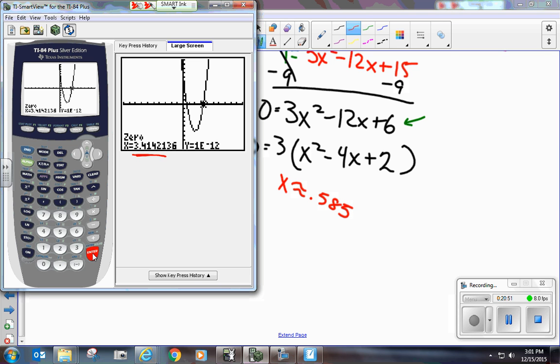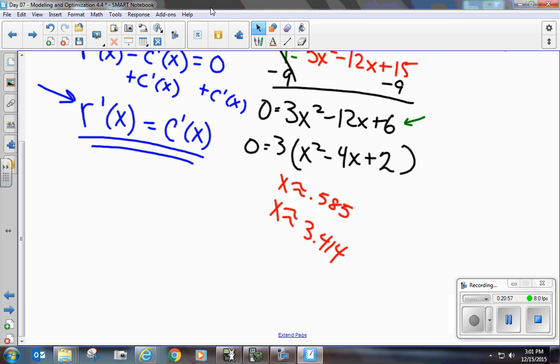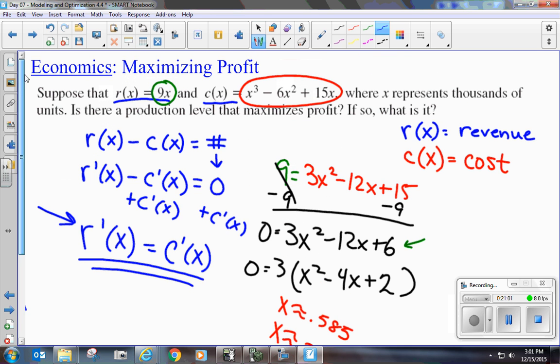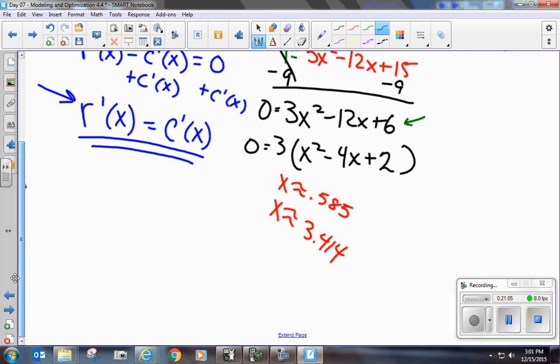Okay, so my other one is approximately 3.414. All right, approximately. So, these are units in thousands. So how am I going to max? It's going to be approximately 585 if I multiply it times 1,000, or approximately 3,414 units.